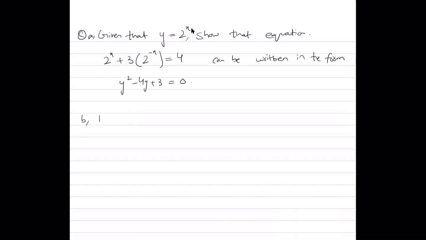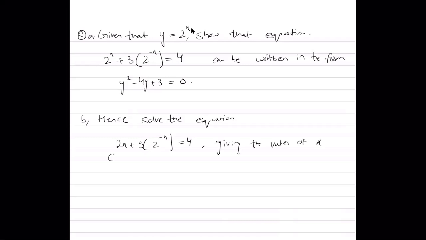And part B says, hence solve the equation 2 to the power of x plus 3 times 2 raised to the power of minus x equals 4, giving the values of x correct to three significant figures where appropriate.